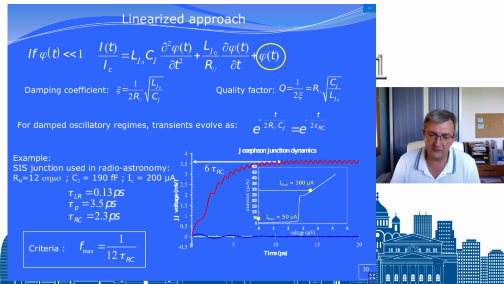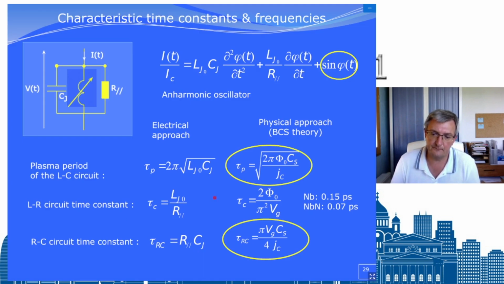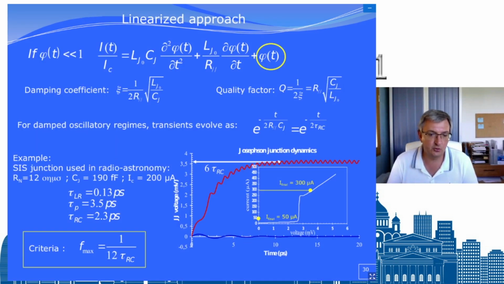And what you see by doing that, if I come back to this RC time constant, is that if you reduce R, you will reduce tau RC. But since you do artificially increase this by putting another resistor in parallel, you will increase this one. So you cannot reduce as much as you want. You have a trade-off, right? You have a trade-off. So we are going to see what's going to come from this trade-off.